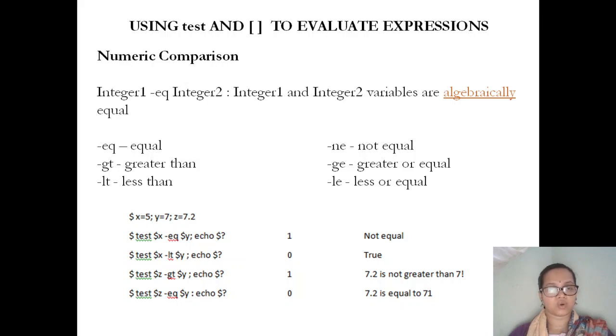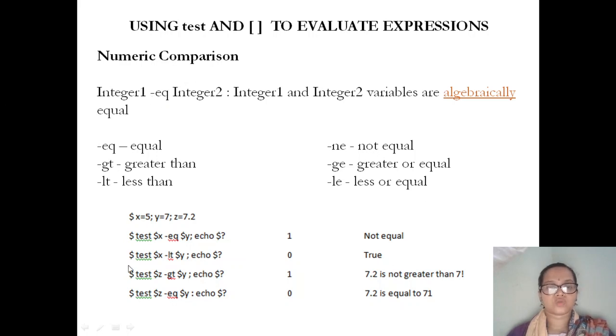EQ stands for equal, GT for greater than, LT for less than, NE for not equal, GE for greater or equal, and LE for less or equal. All of this shows that it is in the fashion of mnemonics, and each mnemonic starts with a hyphen. So whenever you write these mnemonics, there should be a hyphen first.